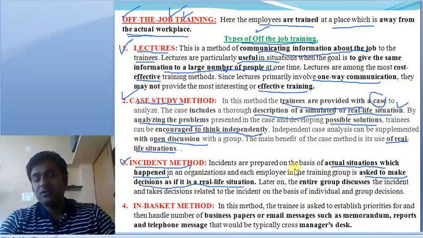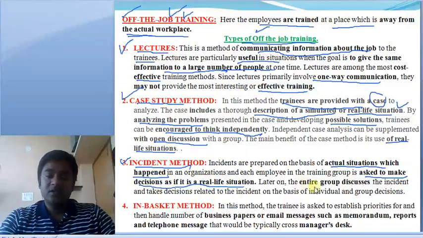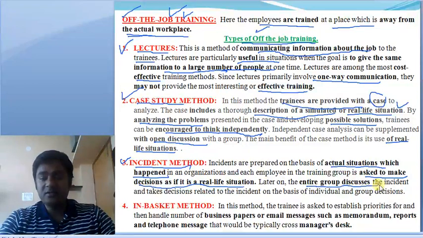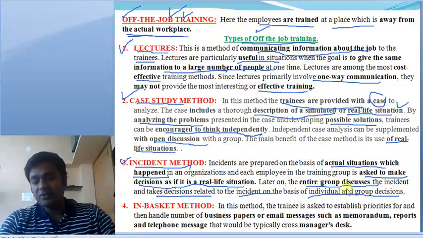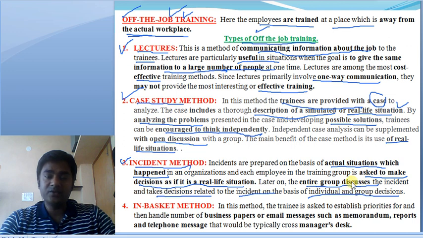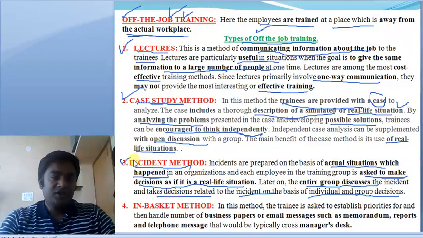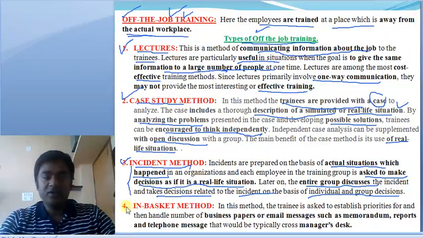Even though the incident happened in the past, by thinking that it is a real life situation, the entire group discusses the incident and takes a decision on the basis of individual or group decision and comes up with a solution. In this way the training can be given.